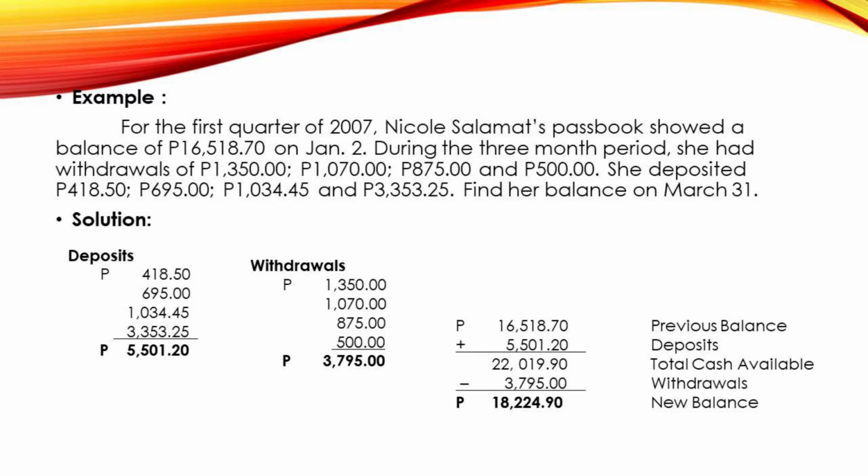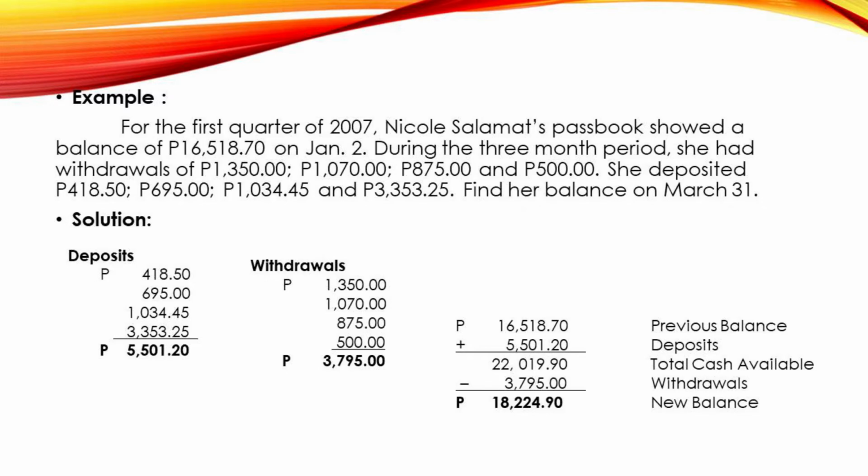So, next, our previous balance is 16,518.70. Now, i-plus po natin yung ating deposit na 5,501.20 na kanina po natin kinumpute. Next, so ang total po nun, yung ating total cash available ngayon ay 22,019.19 pesos.